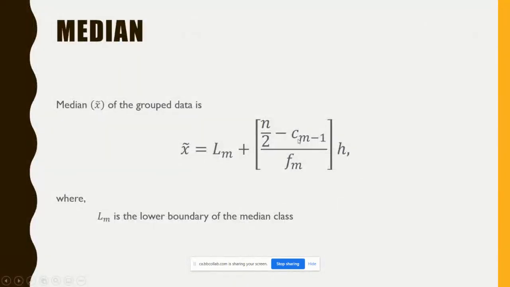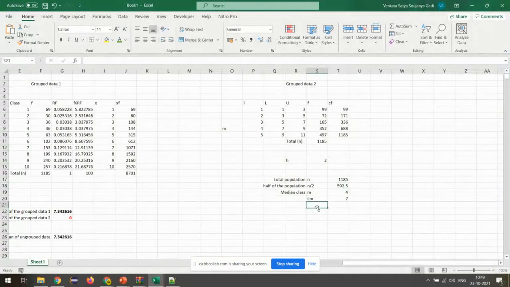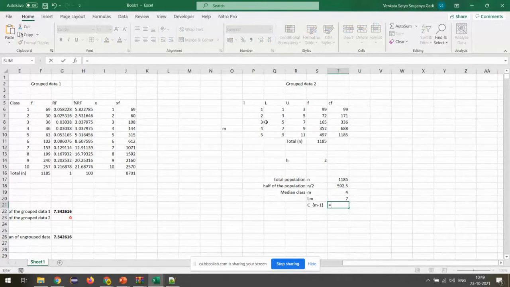And we need Cm minus 1. Cm minus 1 is the cumulative frequency of m minus 1, the class before that. If m is 4, m minus 1 is 3. So the cumulative frequency of the third row is this one.